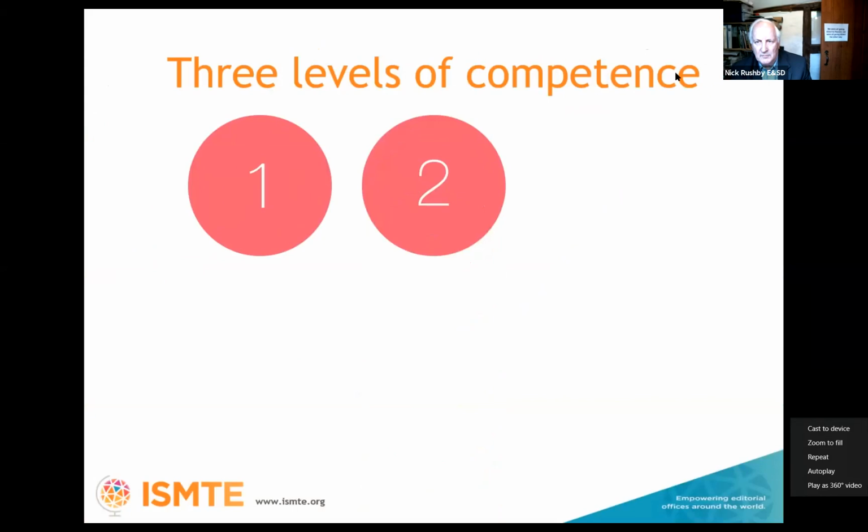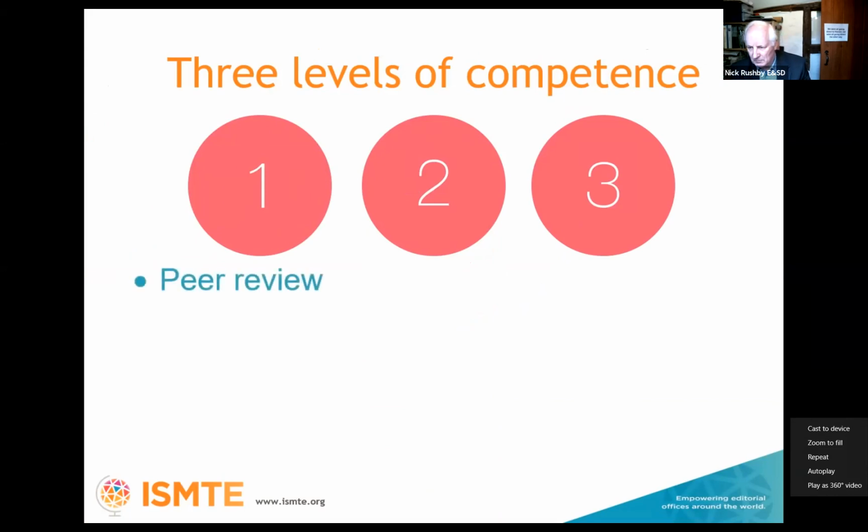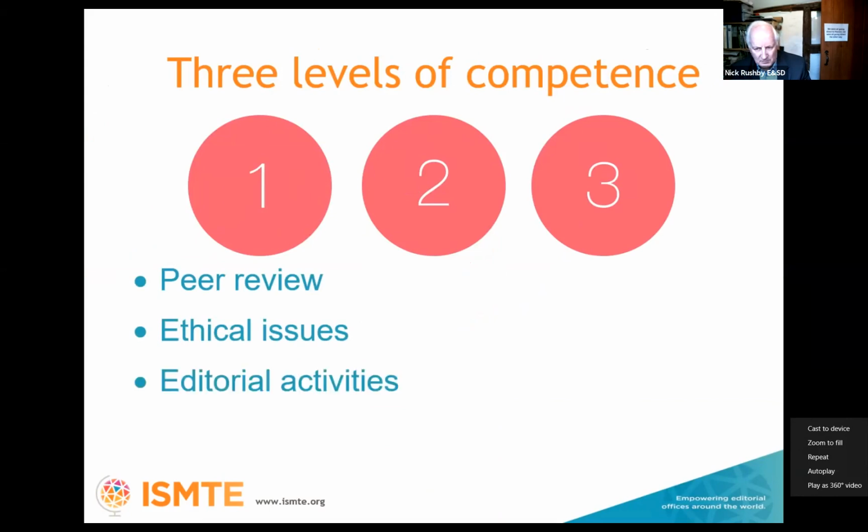ISMTE has defined 3 levels through which editorial office professionals can progress. For each stage, the Standards Committee has described their typical activities that they will undertake in peer review, ethical issues, editorial activities, and production.